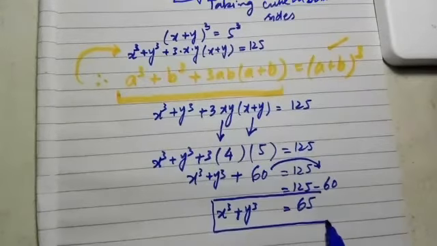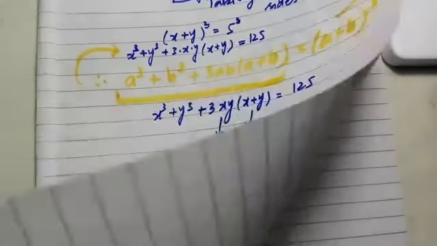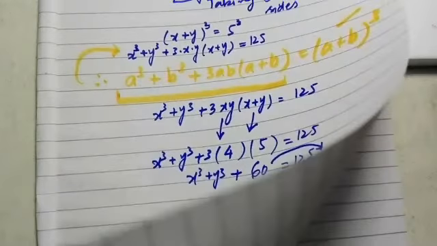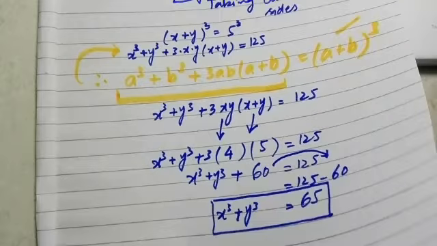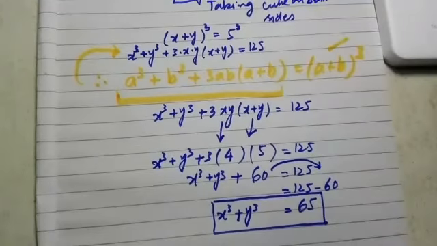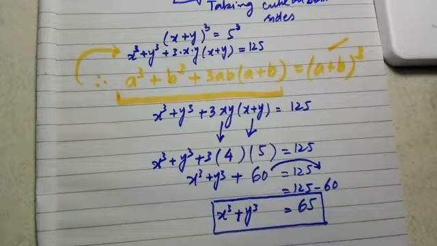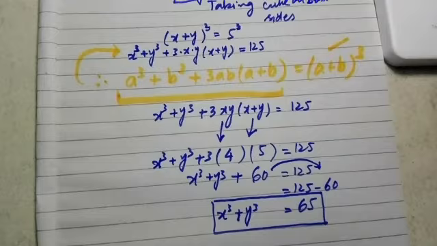This question is slightly different from the other questions, because normally in the exam, we are asked to find only one of the things. Either we are asked to find x cube plus y cube, or we are asked to find xy only, or something like that. In this question, we were asked to calculate two things, so that's why we have used two formulas.